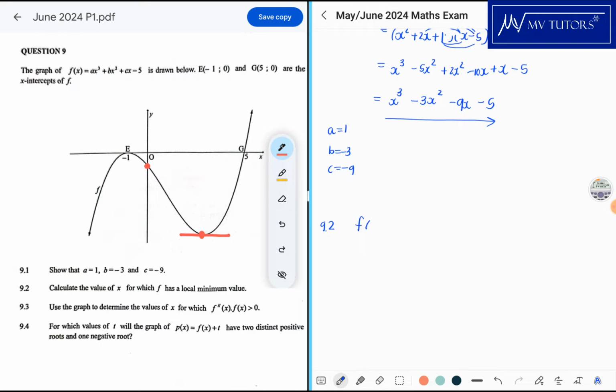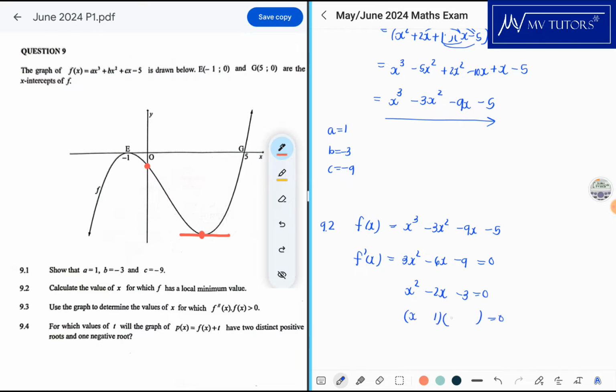So just a reminder, f of x is x cubed minus 3x squared minus 9x minus 5, and then the first derivative is 3x squared minus 6x minus 9, and I'm going to make that equal to 0. I'm going to divide by 3 throughout, so I have x squared minus 2x minus 3. Then I can factorize.